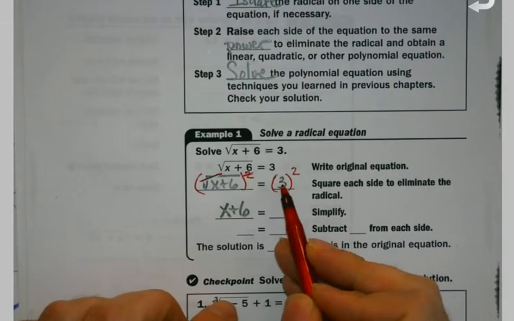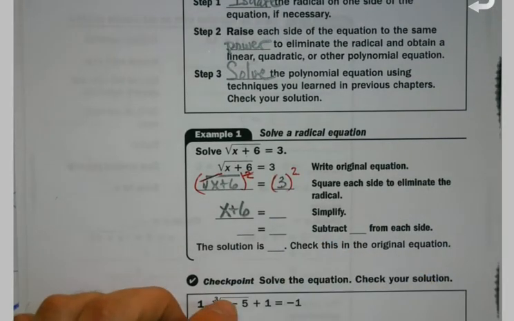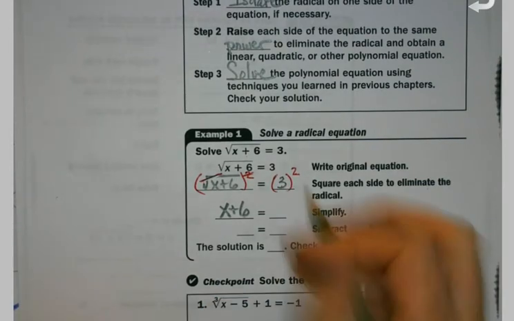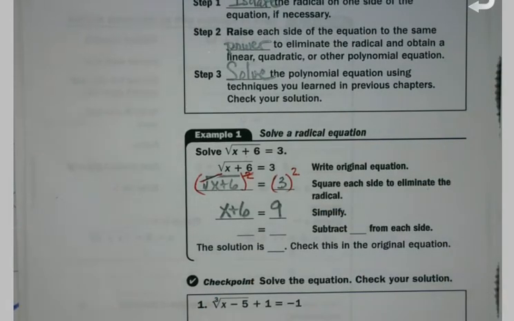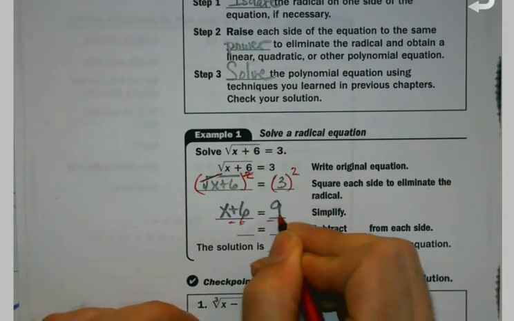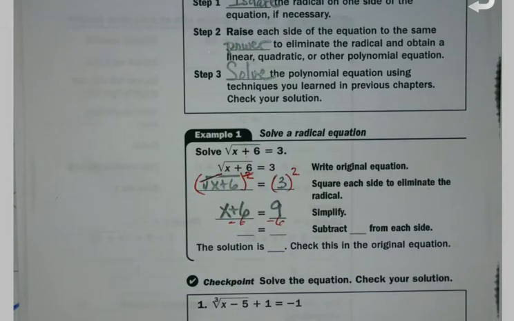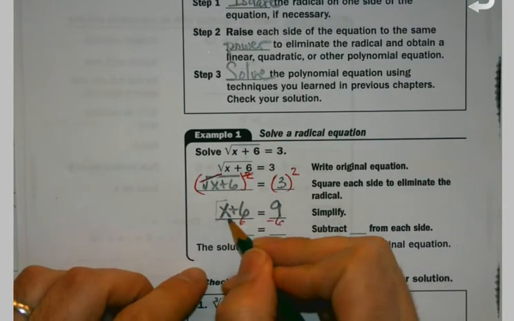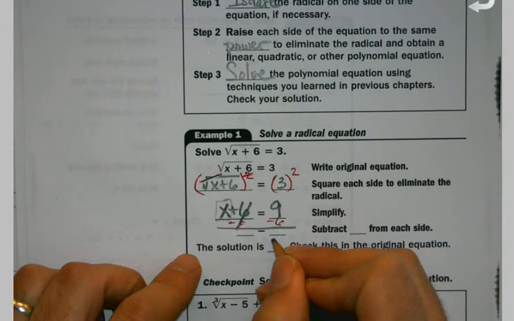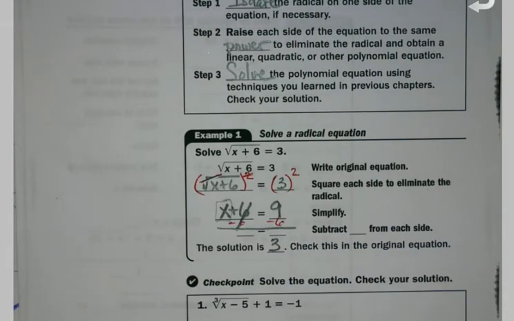Now be careful, 3 squared, not 3 times 2. 3 squared is 9. And then my only job that's left is to minus the 6 from each side, because again, my whole job here is to figure out what x is. And my answer would be 3.